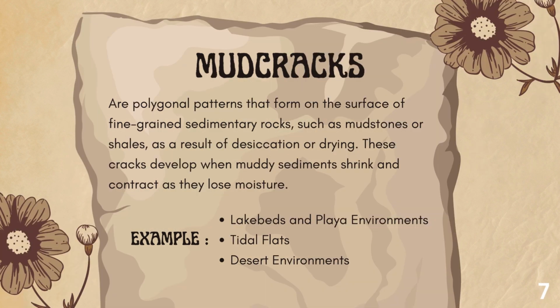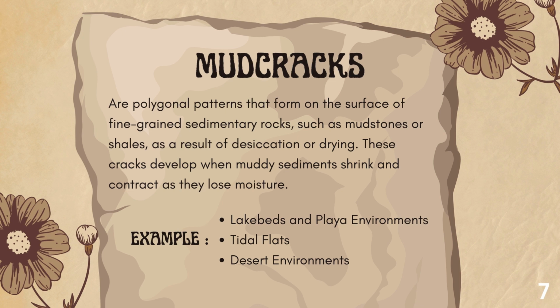The following point is the mud crack. Mud cracks are polygonal patterns that form on the surface of fine-grained sedimentary rocks such as mudstone or shale as a result of desiccation or drying.